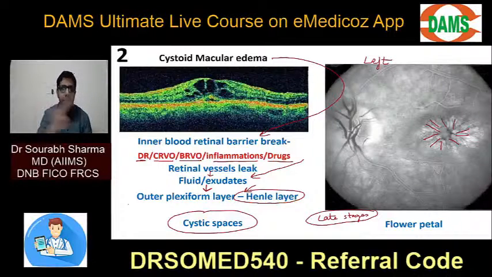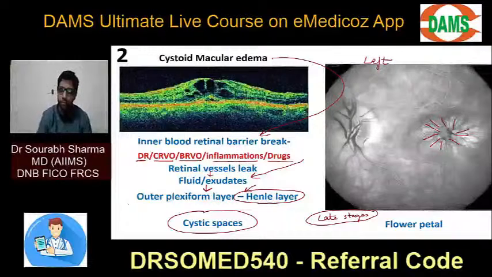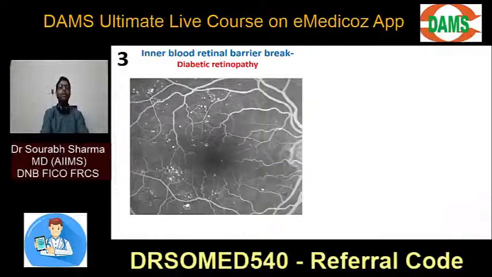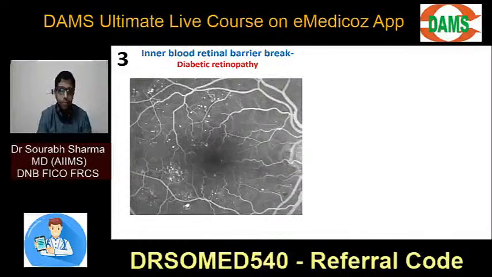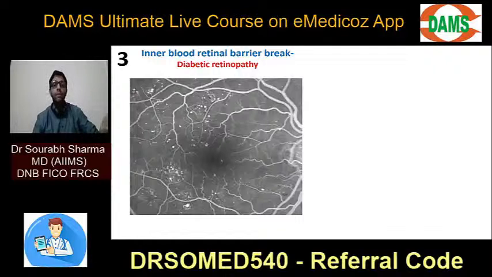So that is the second clinical application of angiography. Third, very important: inner barrier break can be seen in diabetic retinopathy also. Again, if the inner barrier is broken down, the dye will come out. In very early stages of diabetic retinopathy, you can see these hyperfluorescent dots.